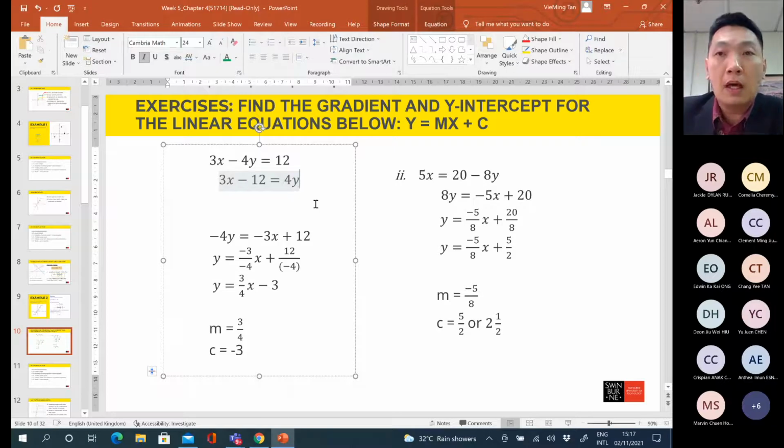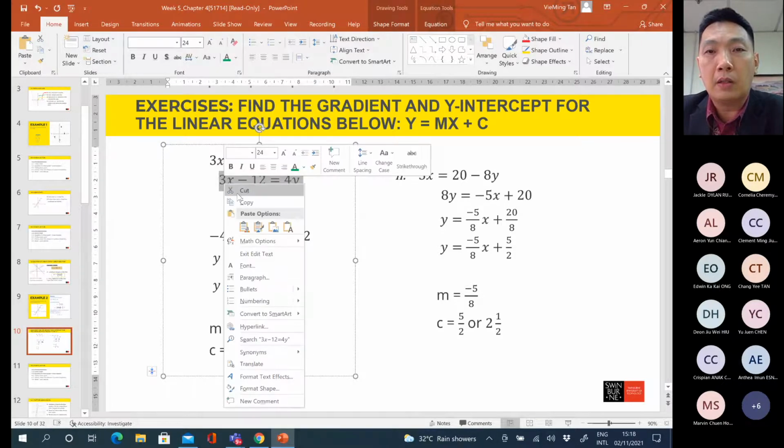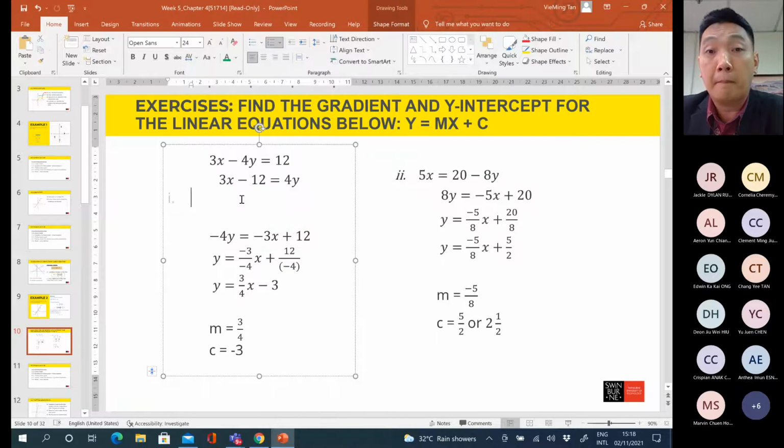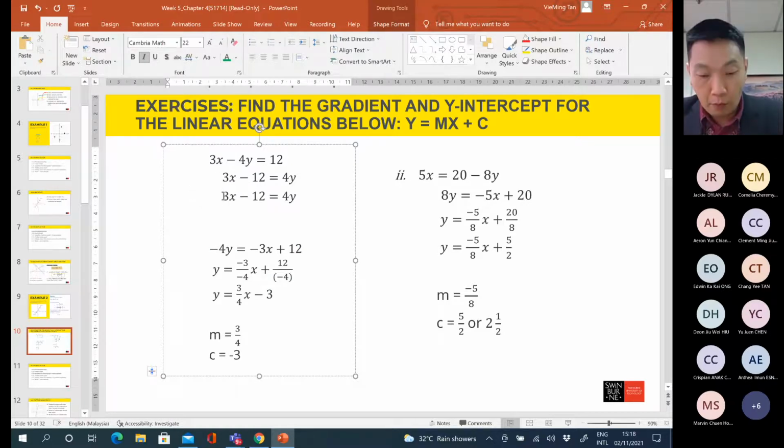Usually we want to have the y variable on the left-hand side, so you can rewrite this equation in the form whereby y is on the left-hand side and x is on the right-hand side. The whole thing means 4y equals to 3x minus 12.